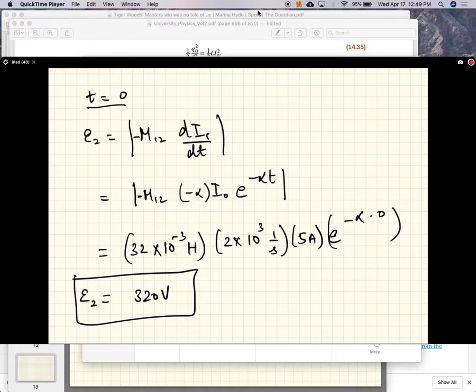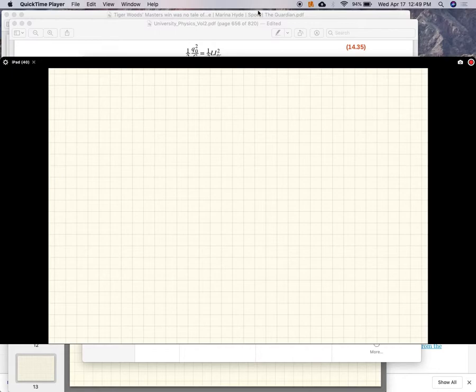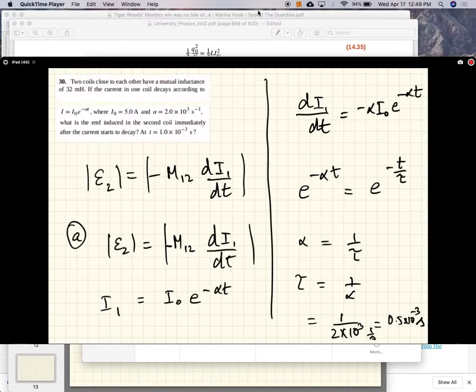So part B, we are doing the same calculation, except that we are doing it after 1 millisecond. Remember, everything is happening over half a millisecond, so 1 millisecond is 2 time constants. So we'll see what is the effect after 1 millisecond.